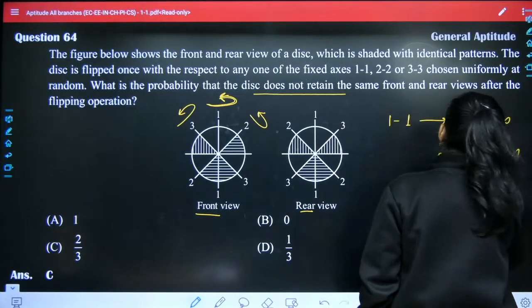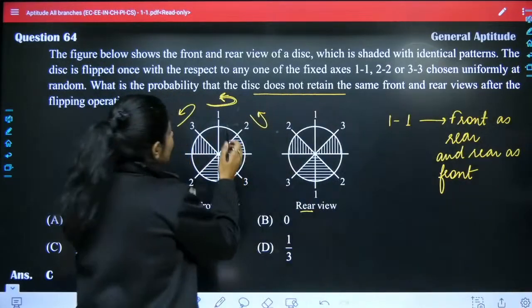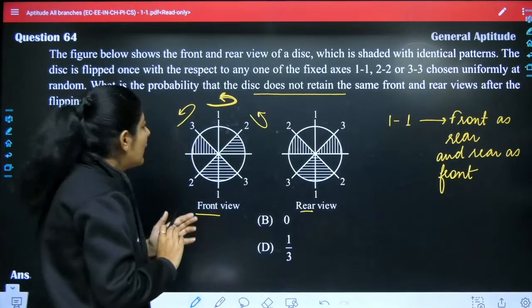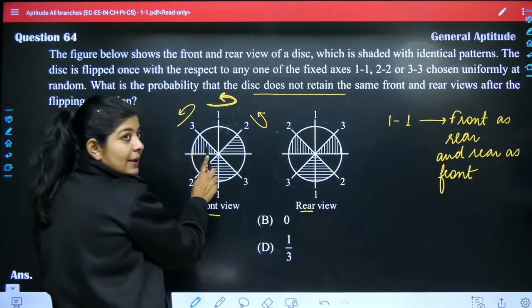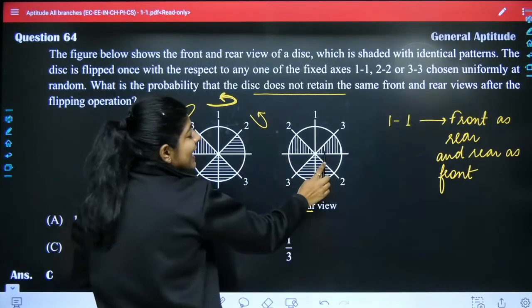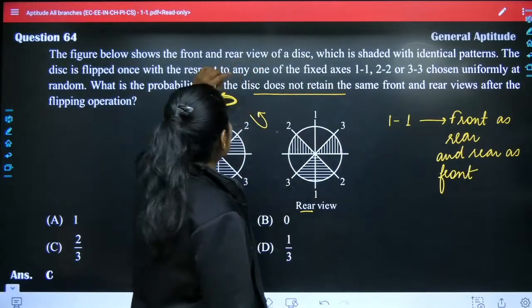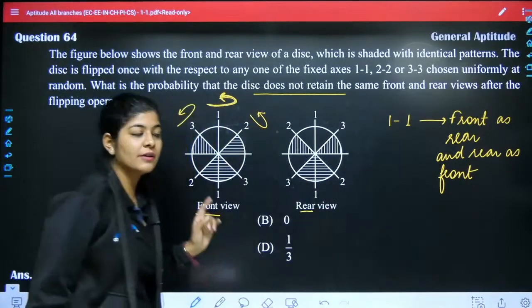Because if I rotate this disk with the axis 1 to 1, this portion will come here and this portion will come here. So this is exactly equal to the rear view. That means the asked condition is not satisfied with the 1 to 1 rotation.